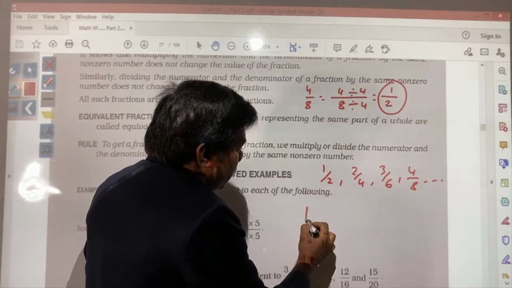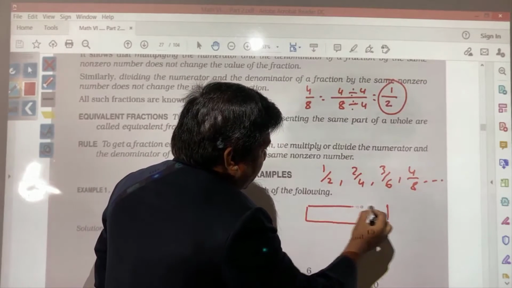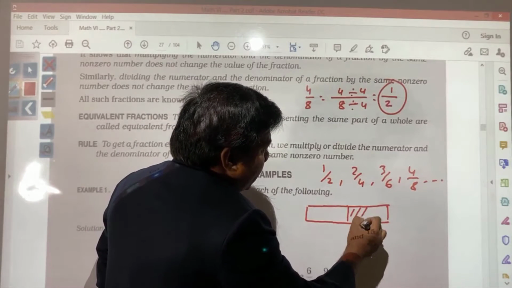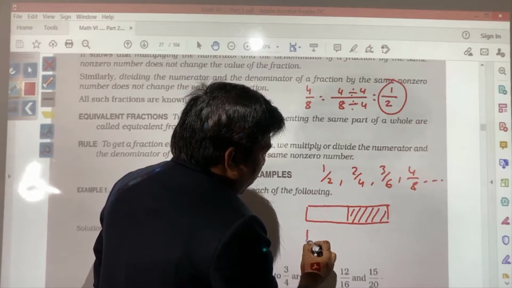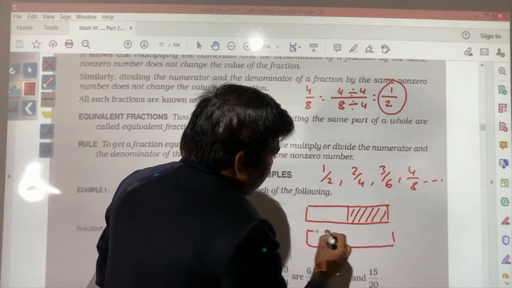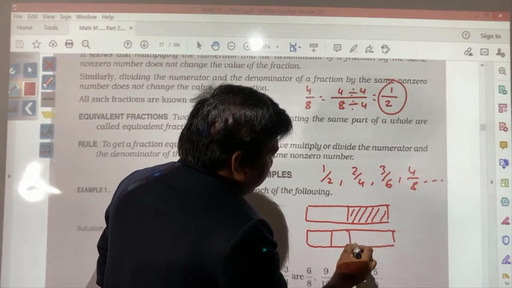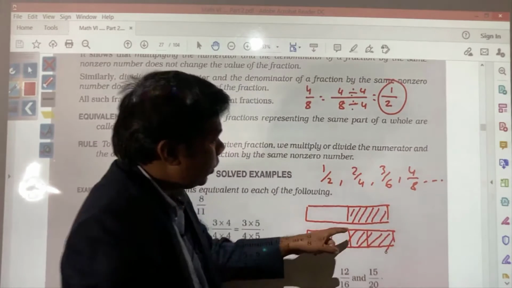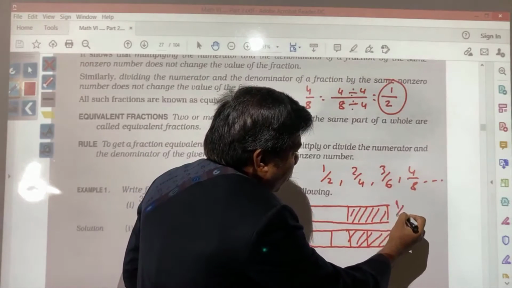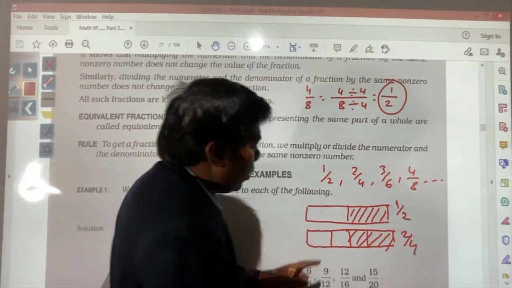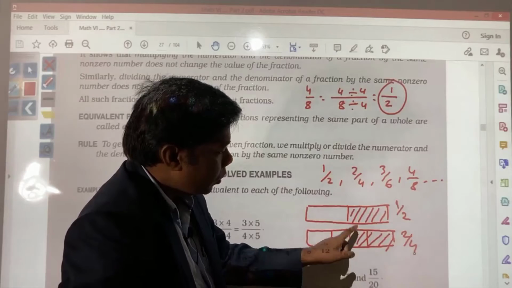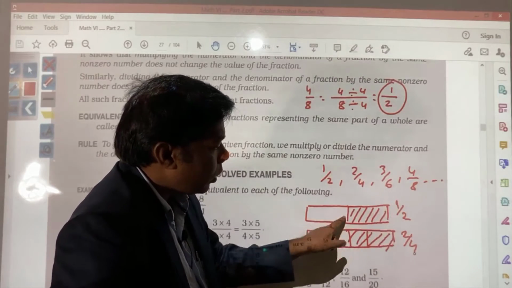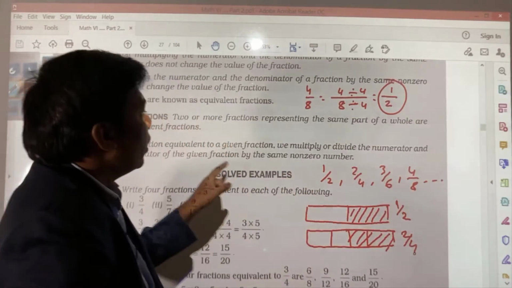These all, as you have seen in the figure, show what? The same part of the whole. Either you say 1 by 2 or you say 2 by 4, the same part it is denoting, it is representing.